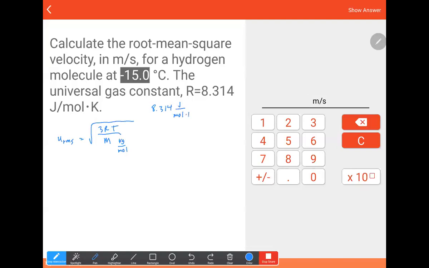We'll use joules more in the future, but a better unit for us right now with velocity, and it's the same number, we could show the conversion between joules, is kilograms meters squared over seconds squared times moles times Kelvin.